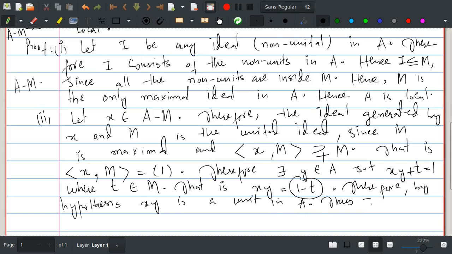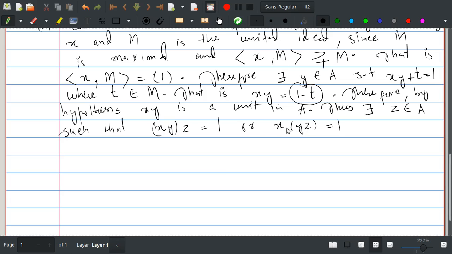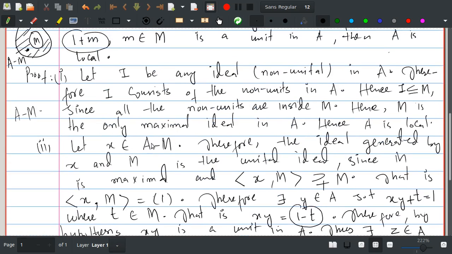Thus there exists z inside A such that xy times z is 1, or x times yz is 1, since the multiplication in the ring is associative. So this means x is also a unit in A. So this x was chosen arbitrarily inside A minus M. That means every element in this set is a unit.